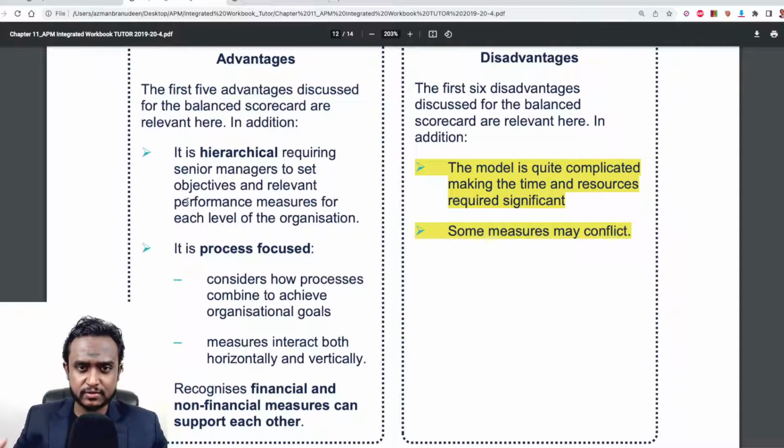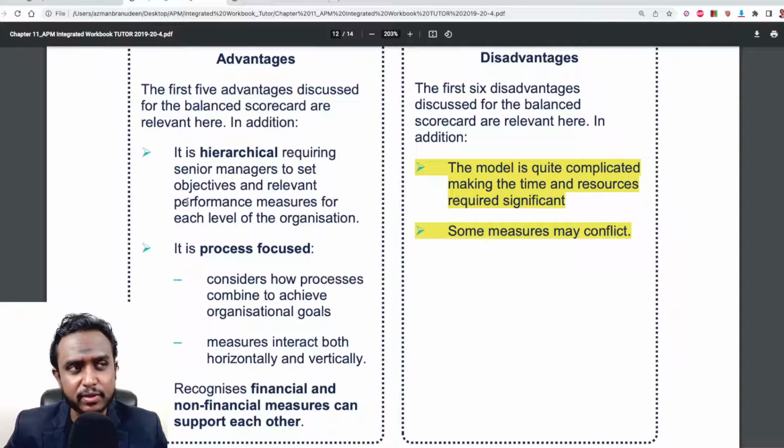It's level based, so it goes up, and you can break the organization into corporate hierarchies using the performance pyramid. That's a good thing. It is process focused because you saw what we measure at the low end, right? Cycle time, waste, quality. All of those are process involved. So it's very easy to measure and manage your processes, and through processes, the overall corporate objective.